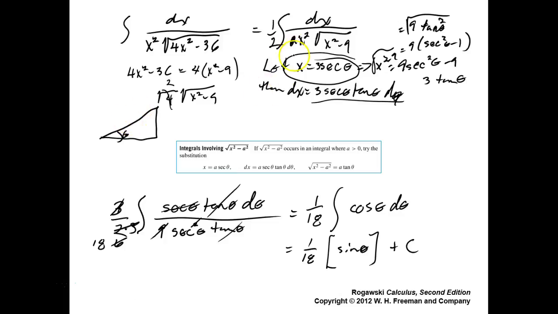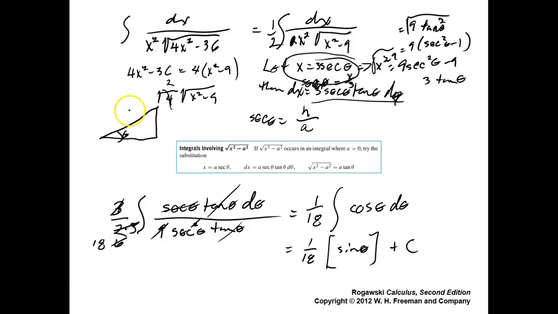Okay, right. Let's go back and review this. Secant theta is equal to hypotenuse over adjacent, because it's the reciprocal of the cosine. Cosine is adjacent over hypotenuse, so secant theta will be that, and we know here secant theta is equal to x/3, right?